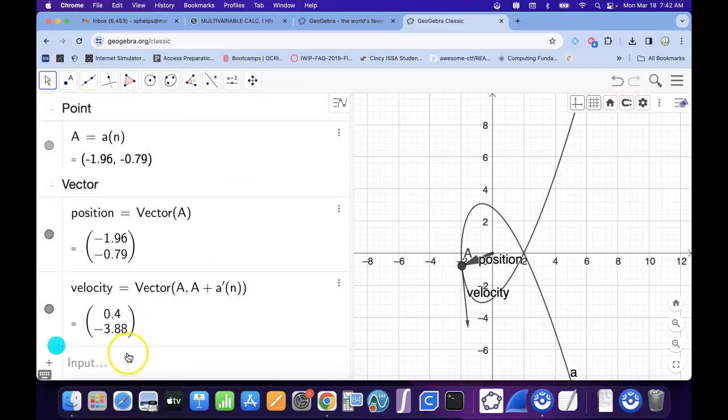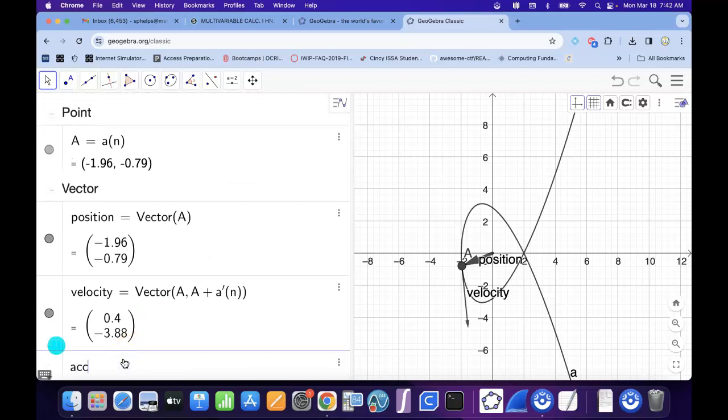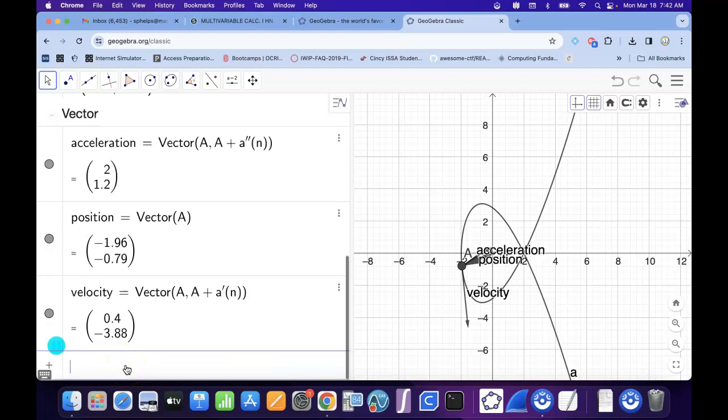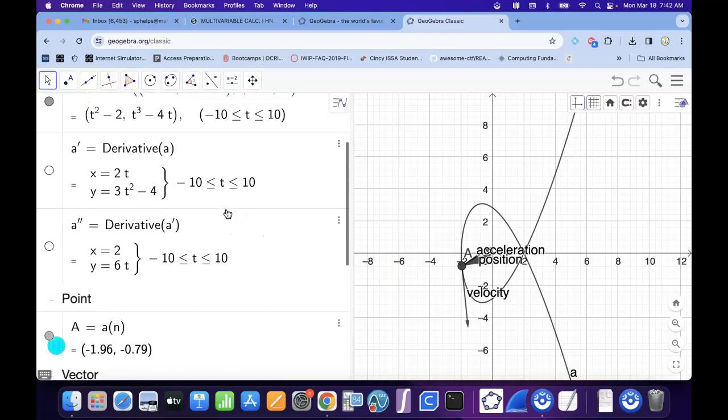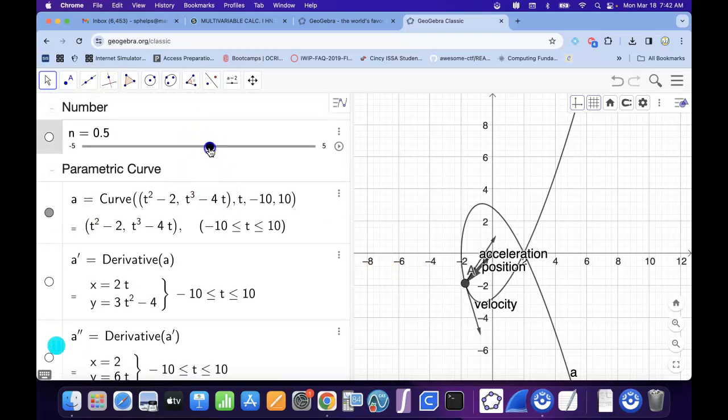So let's make our acceleration vector. This is a vector that will start at point A and will go at A plus little a double prime of n. And it's hard to see it because they're all kind of squished together, but you can see that acceleration.